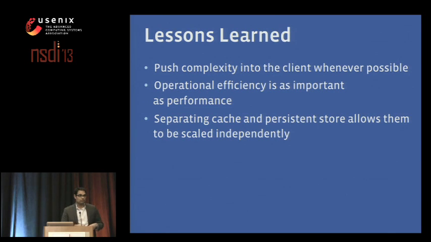Performance-wise, it's a lot slower to go through multiple steps, but operationally, keeping the configurations tight and local makes it much easier to deal with the system. And finally, separating the cache and the persistent store allows them to be scaled independently of each other. So our caches handle our read rate, and our databases handle the update and storage capacity.